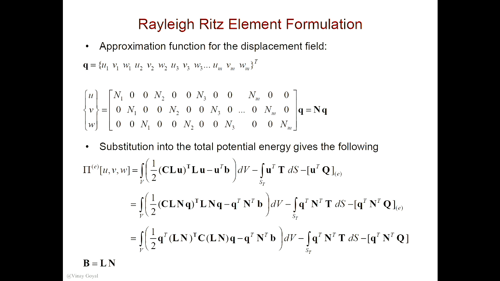Plus 0 times v1, agree? Plus 0 times w1, agree? Plus n2 times u2, plus 0 times v, plus 0 times w. So you can see that n1 times u1 plus n2 times u2 plus n3 times u3, etc., nm times um. So I have a bunch of shape functions for just the displacement u.